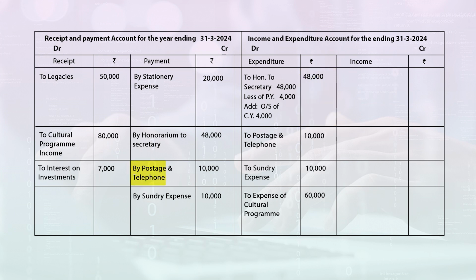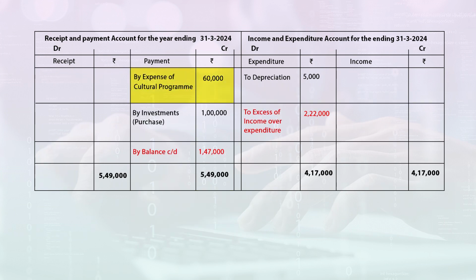Then there is postage and stationery expense which amounts to rupees 10,000 on the credit side of receipt and payment account. Then there is sundry expense which amounts to 10,000. Then there is expense of cultural program which amounts to rupees 60,000.